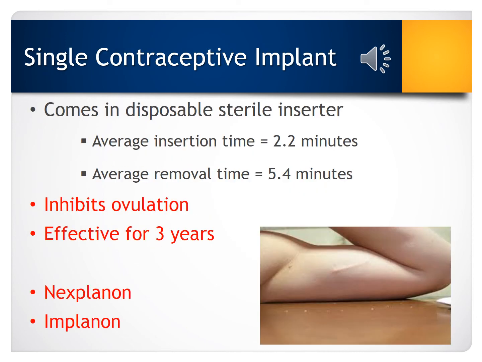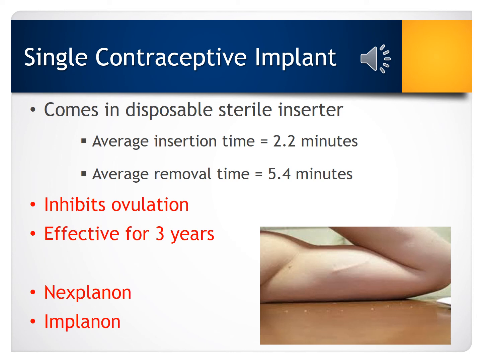Next, we'll discuss single contraceptive implants, better known by their brand names Nexplanon or Implanon. And these are one rod, matchstick size implants that are inserted into the inner arm, left in for 3 years, containing progesterone-only, a synthetic version of progesterone, and it is effective in preventing ovulation, basically tricking the body into believing that it already has a fertilized egg.